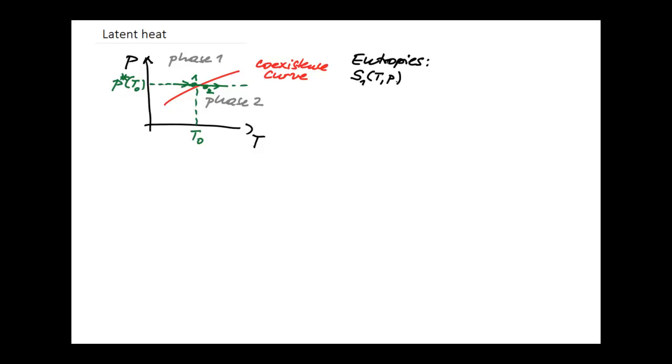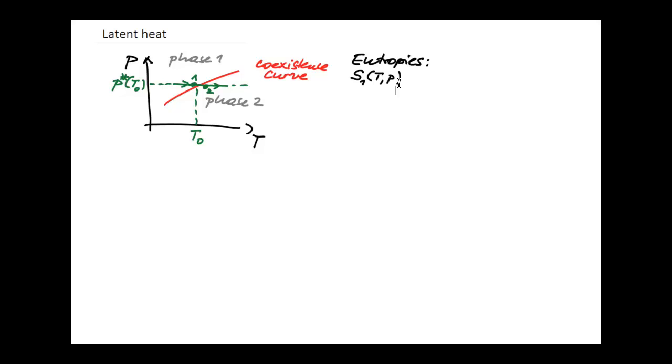Well, we can calculate the entropy from the free enthalpy. Remember the nice Guggenheim square? The free enthalpy has as its natural variables temperature and pressure. The entropy is the conjugate of temperature. So we can obtain the entropy from the free enthalpy by taking the partial derivative with respect to temperature.